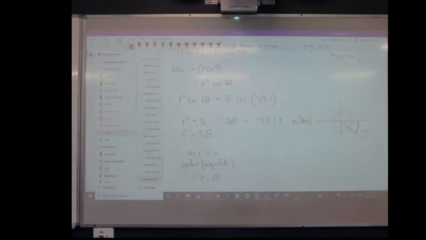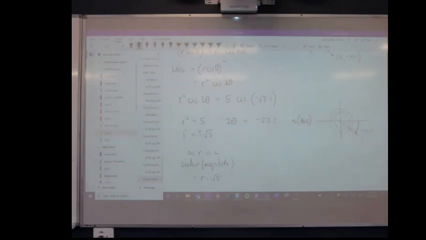Now, the other thing you've got to think about here is that because we're using a negative angle, if we were looking at a positive angle, we'd go positive and then around again.